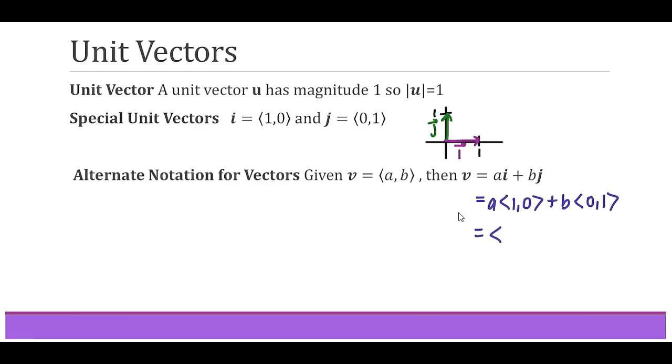So we'd get ⟨a, 0⟩ plus ⟨0, b⟩. Then we can add each component, so we arrive at our notation with angle brackets, ⟨a, b⟩. These are exactly the same and represent the exact same vector, just in alternate notation.